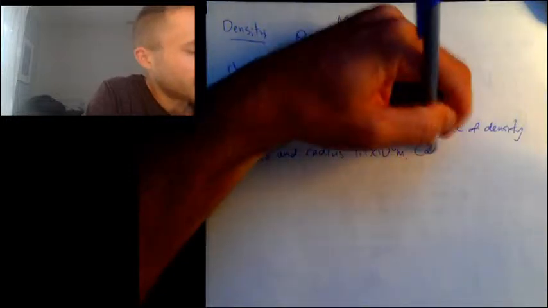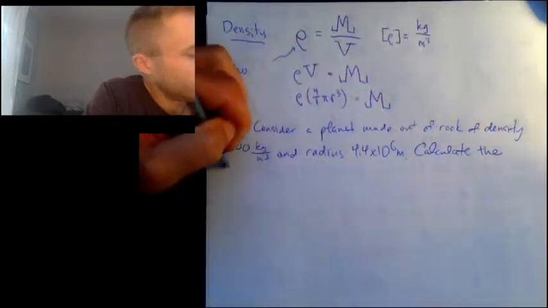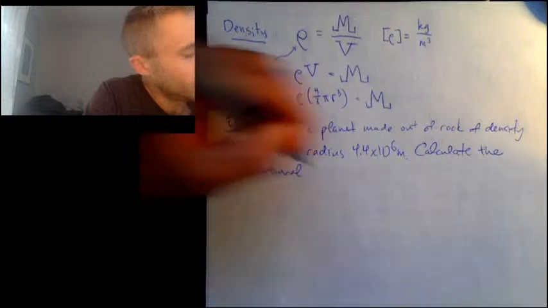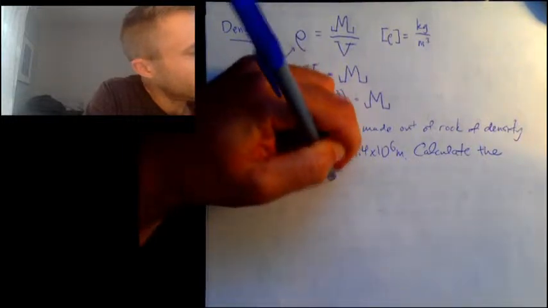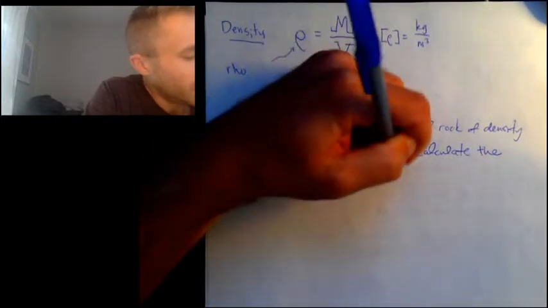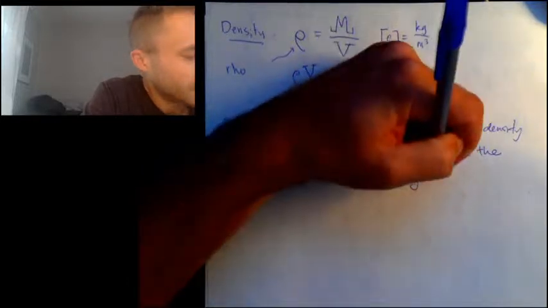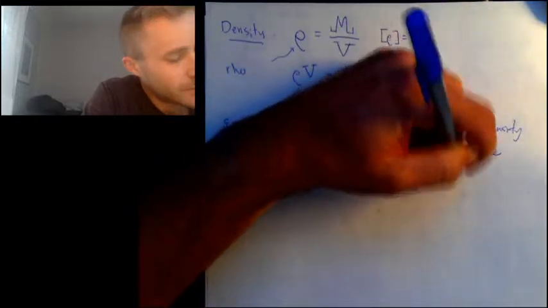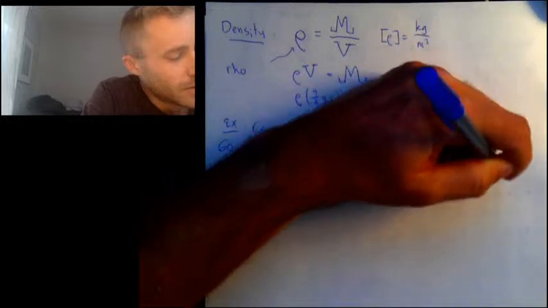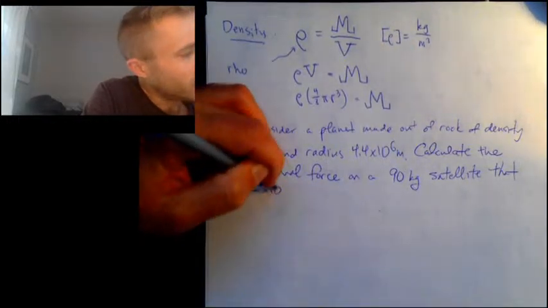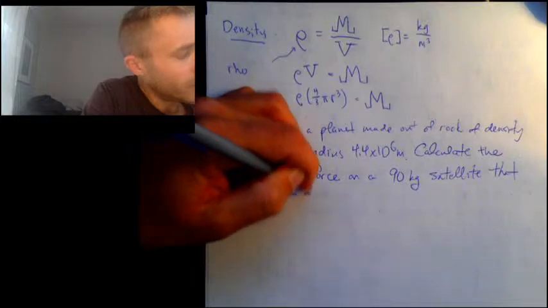Calculate the gravitational force on a 90 kilogram satellite that is 2 times 10 to the 6th meters above the surface.